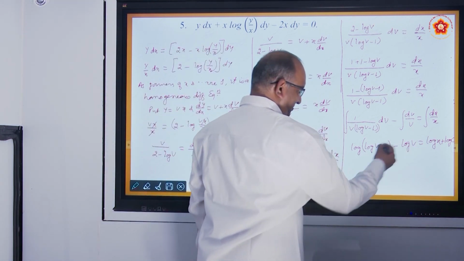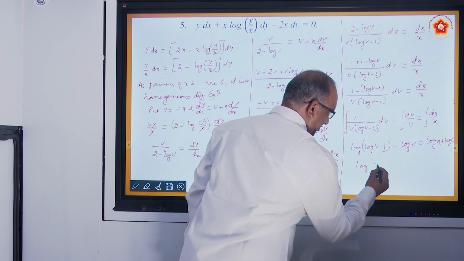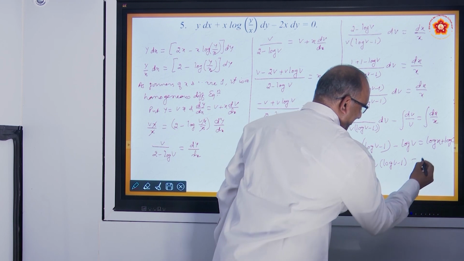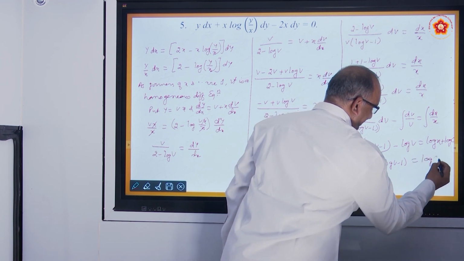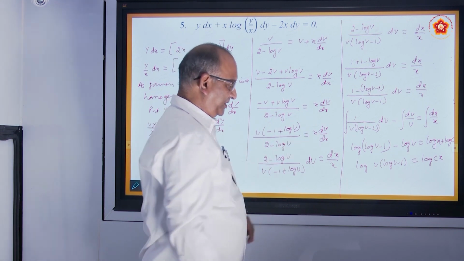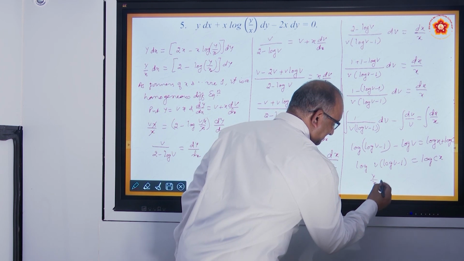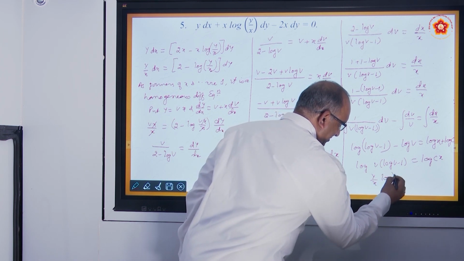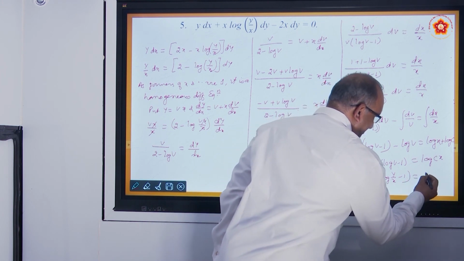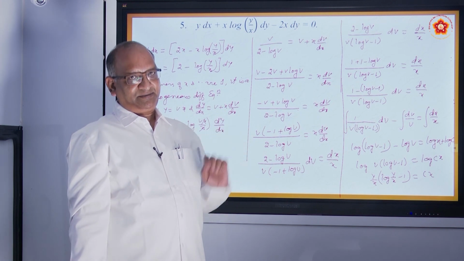Club these two terms, so it will become log v into log v minus 1 equal to log cx. Take antilog both sides, you are going to get v means y by x, log y by x minus 1 equal to cx. This can be left as answer.